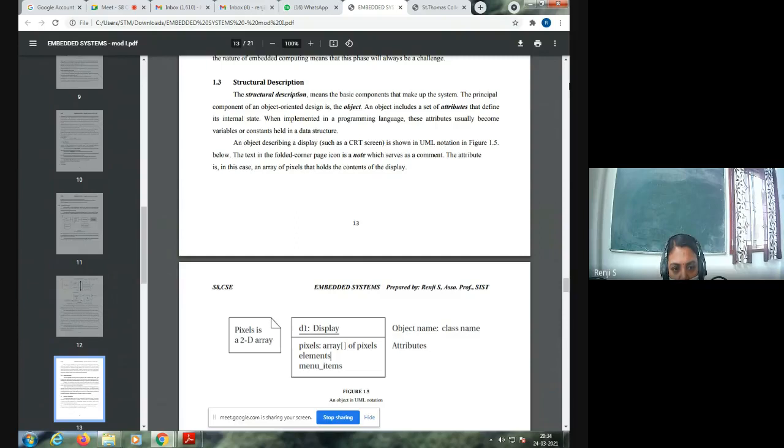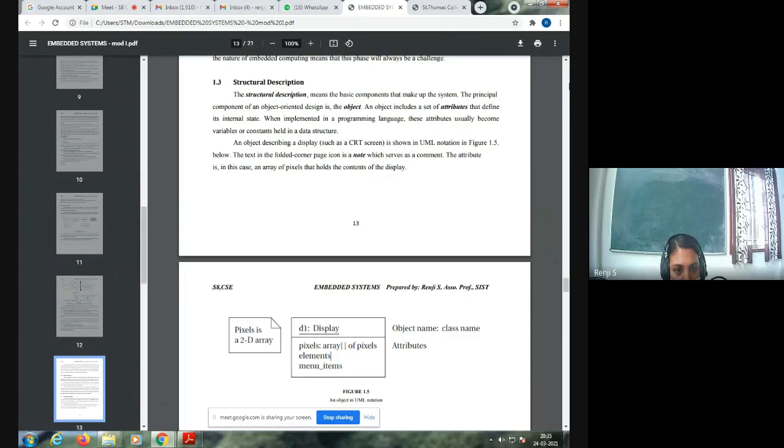The structural description gives the basic components that make up a system. A system has its structural description as well as its behavioral description. Both are necessary for understanding the design of a system, because it is the design that is passed directly to the implementation phase.